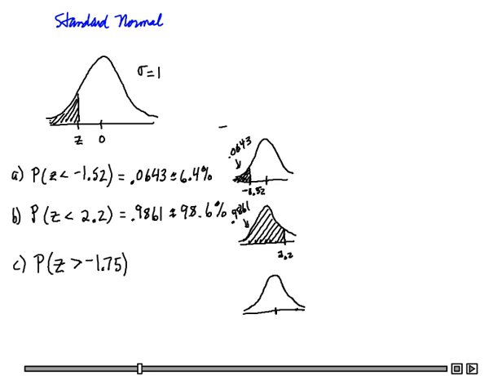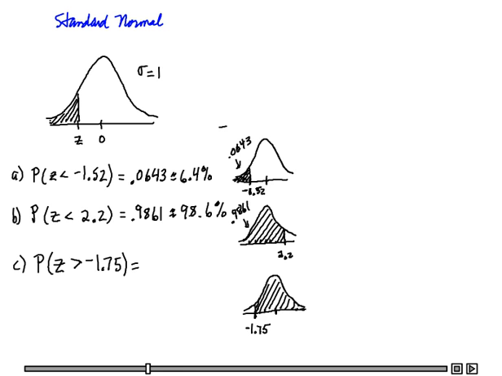So I'm going to be down here at a negative 1.75, but I want the probability that the random variable is going to be greater than that. So that interval is going to be to the right of negative 1.75. So the area is under the density function to the right.